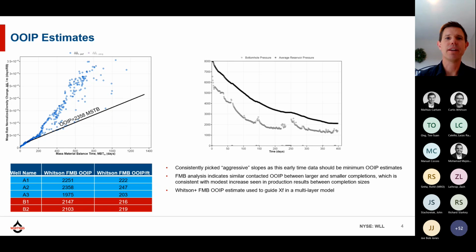The SWs are like target zones maybe 30%, the wet zone's more like 70. If you try to average that to 50 or 55, the single box just doesn't work. That's the reason I went to the multi-phase, so I can get those two distinct reservoir properties. That makes sense. And then I estimate my LFP from that multi-phase again. From this work I get my idea of contacted OIP and then XF.